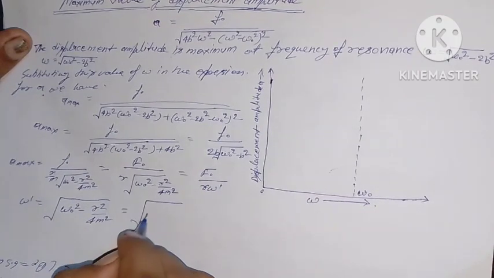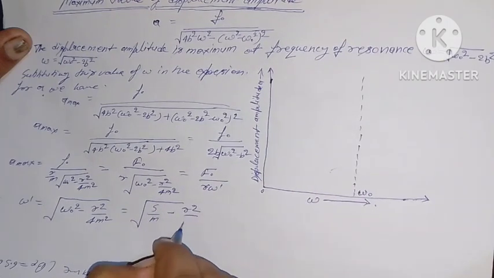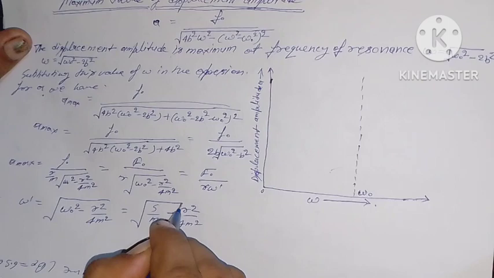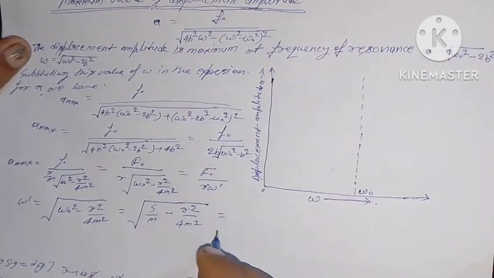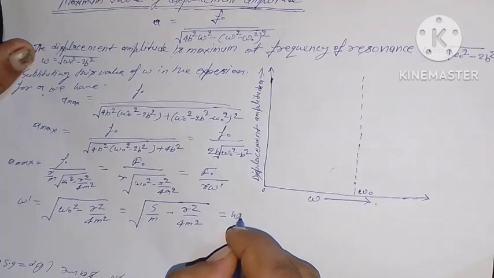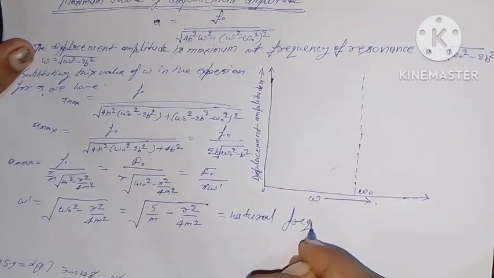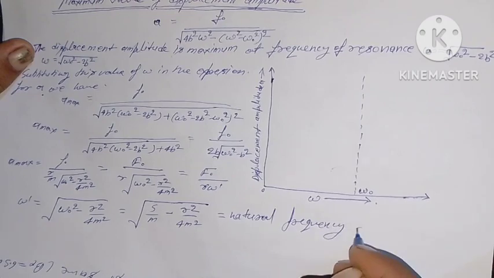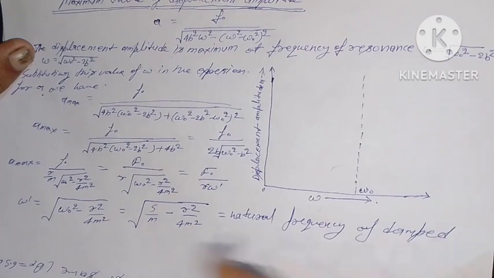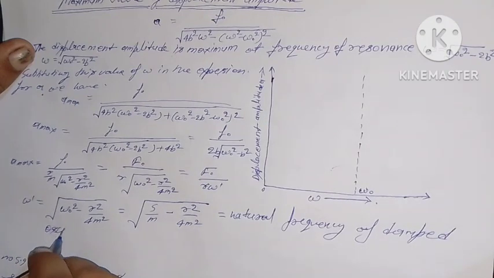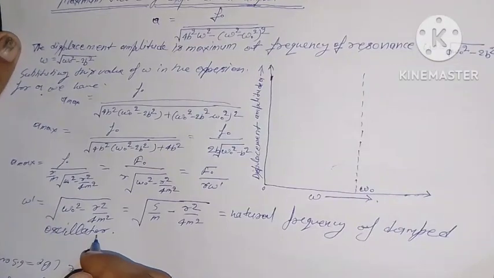That is under root of s by m minus r square by 4m square, the natural frequency of the damped oscillator.